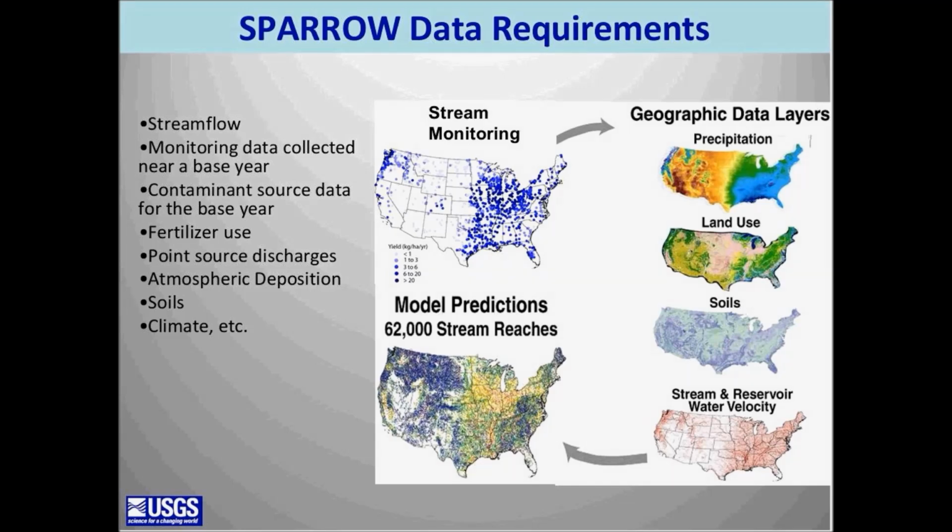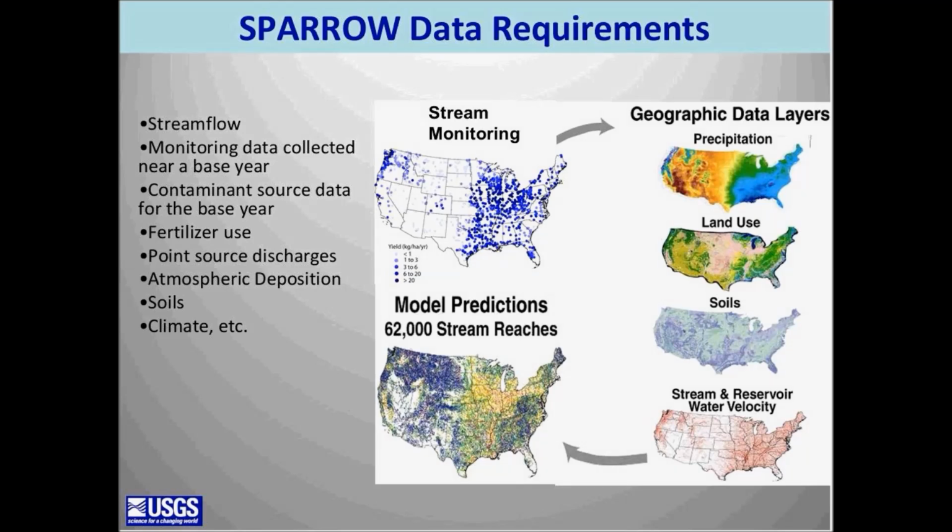But for all parts of the country, they had data layers: precipitation, land use, soils, stream, reservoir, and water velocity. These have an impact on how the chemicals are moved and are part of the calibration procedure for SPARROW.